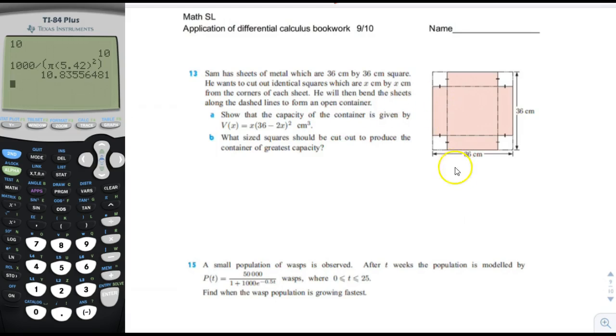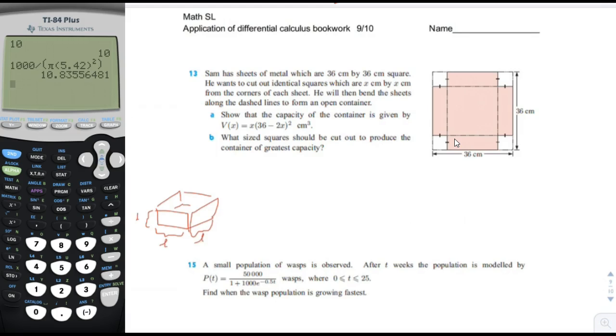Okay, so it's 36 by 36 total, and we're cutting out these squares that are x by x, and after you fold up the edges, it looks kind of like this. Tell me what the volume is. So the volume would be this dimension times this dimension times this dimension, and since the base is kind of a square, this is equal to that, okay?